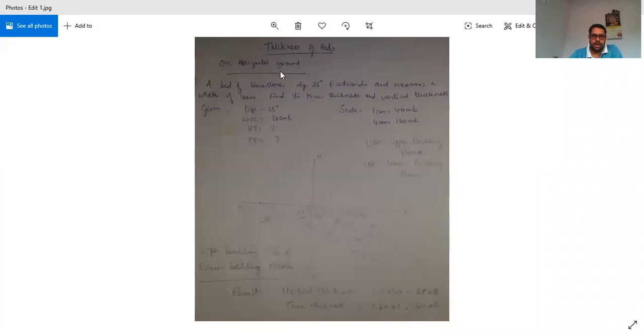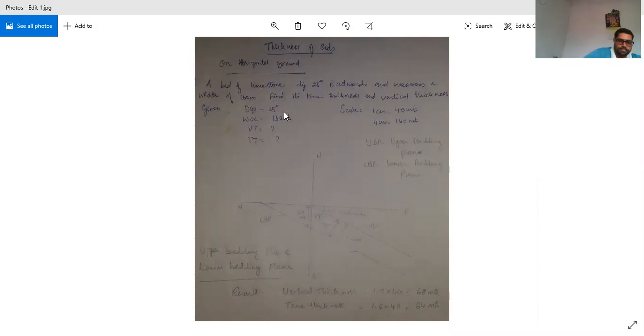Let us take an example of one problem. On a horizontal ground, a bed of limestone dips 25 degrees eastwards and measures a width of 160 meters. Find its true thickness and vertical thickness.